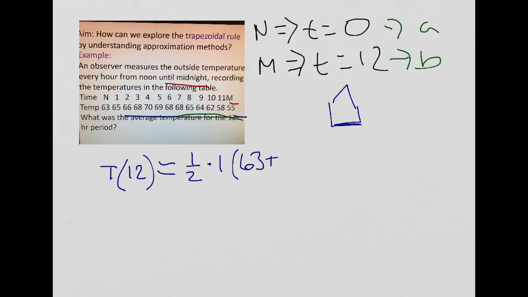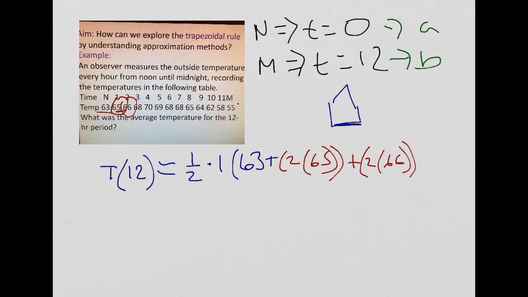I'm going to erase some of this so it's neater. And then there are going to be 2 65s because there's a 65 for b2 in the first trapezoid, but a 65 for the b1 in the second trapezoid. And the same thing goes with 66 and so on.